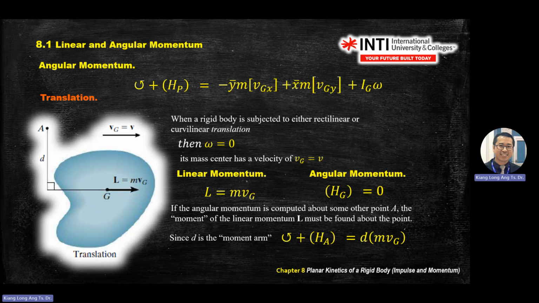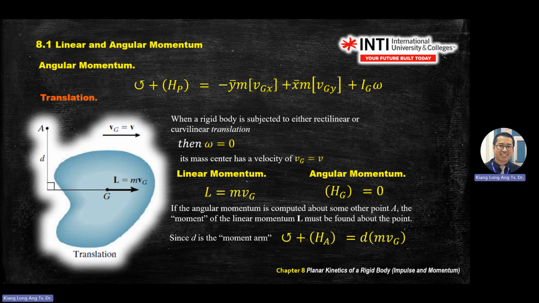If you have a translation, meaning it moves in a straight line, you need to consider d multiplied by mv, which is the angular moment of momentum. It means you take momentum multiplied by the perpendicular distance, and you get a moment of momentum. Okay, so for example, this one, how do you get the moment?